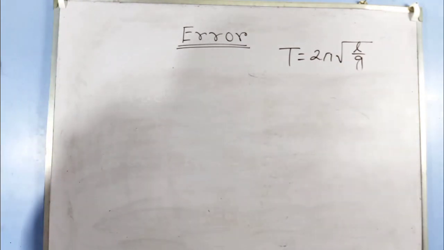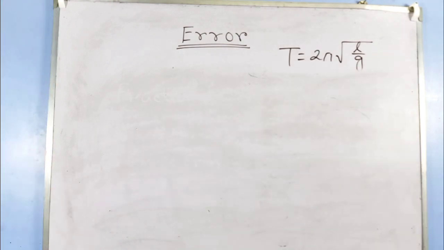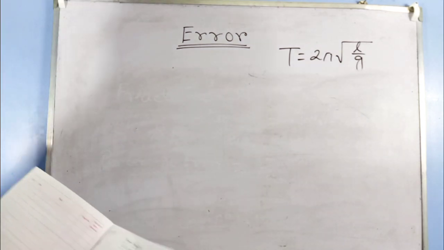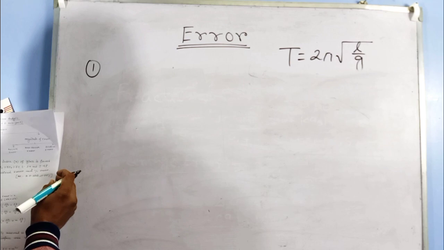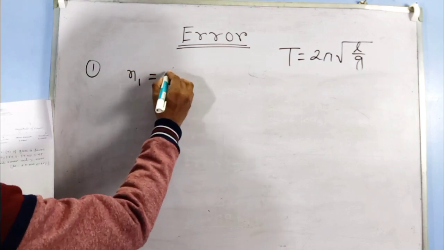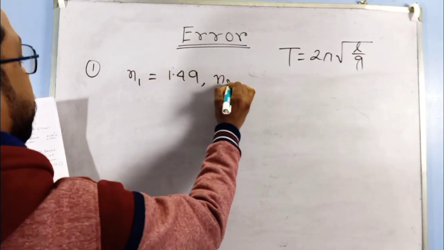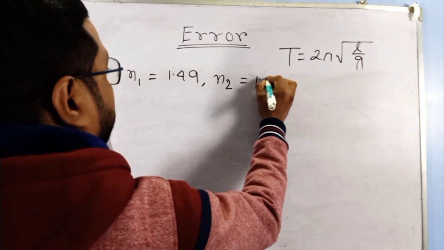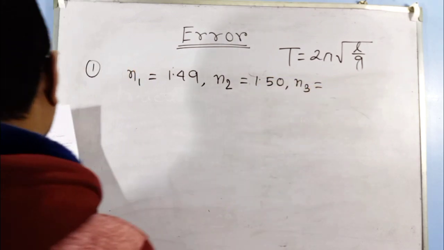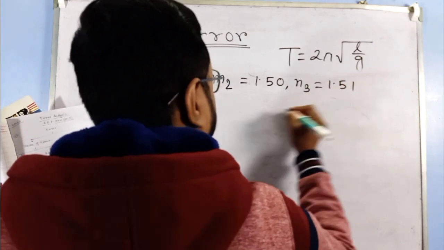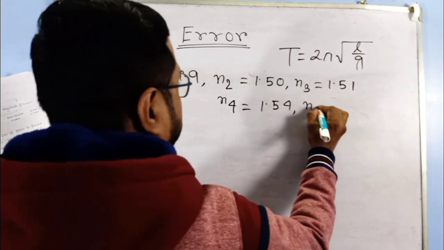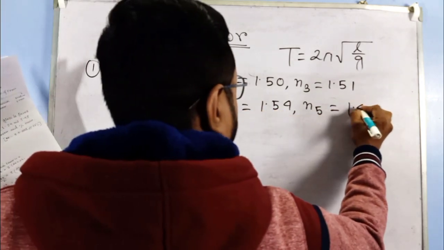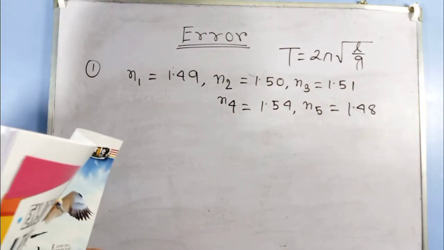Suppose the refractive index of glass is found: N1 equal to 1.49, N2 equal to 1.50, N3 equal to 1.51, N4 equal to 1.54, and N5 equal to 1.48. Find fractional error and percentage error.